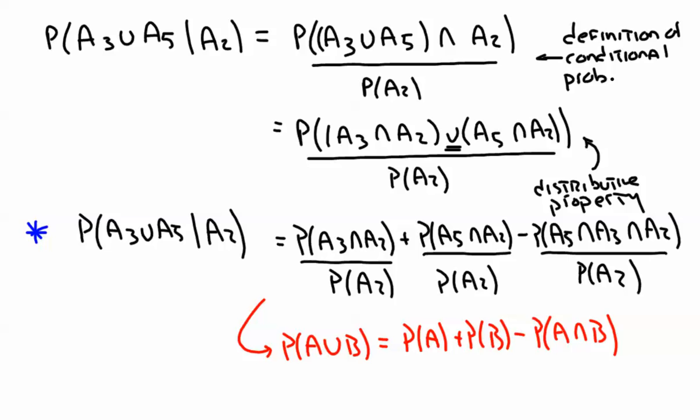All right. Let's re-examine this relationship just a bit, the relationship with a star. Take a look at that again. What we see is three different conditional probability relationships on the right-hand side of the equal sign. All right? Each of those relationships can be written as a conditional probability. So let's rewrite this.